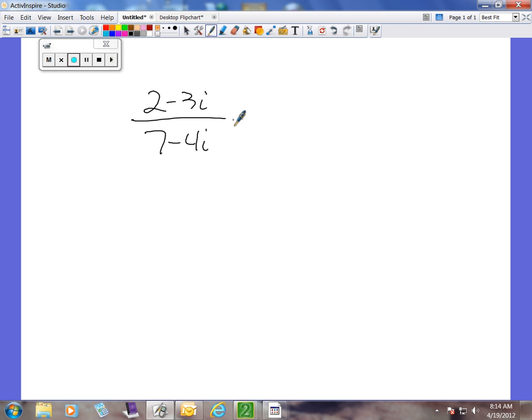Everybody understands conjugate now, right? Some of you will get pretty good at this and be able to do them in your head, I'm sure. Just be careful and don't make little mistakes when you do that.